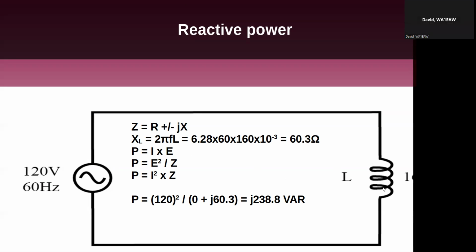And if I go through the formulas, I'm going to come out with a positive 238.8 VARs, volt amps reactive, because at that 60 hertz frequency, it's looking like a 60 ohm reactance.